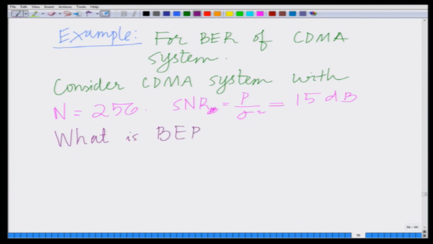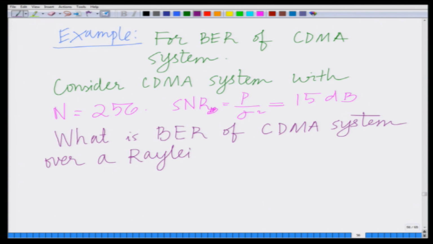What is the bit error rate of the CDMA system over a Rayleigh fading channel?